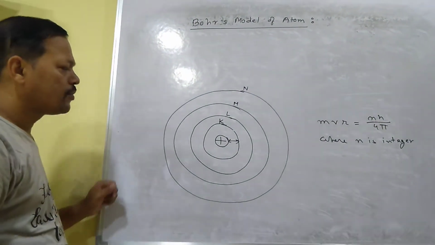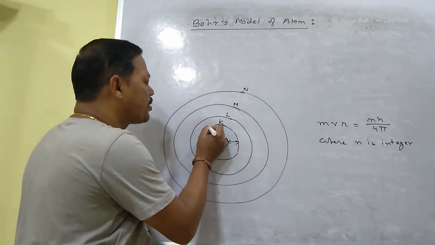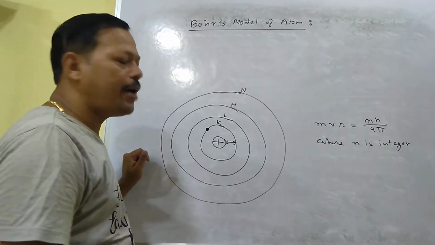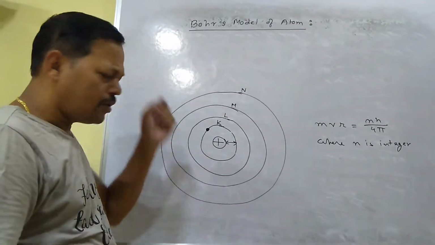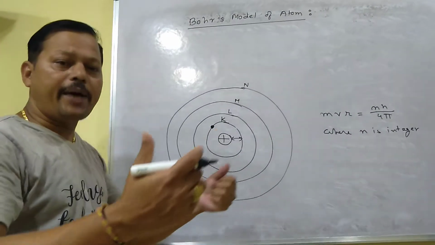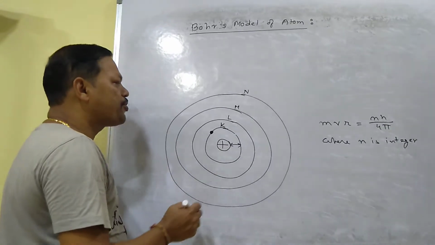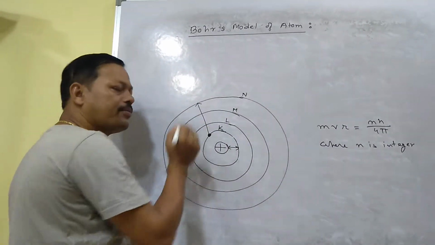Again, when an electron is present in an orbit, the electron contains a definite amount of energy. But when the electron absorbs some amount of energy, then the electron can jump from the lower level to a higher level.